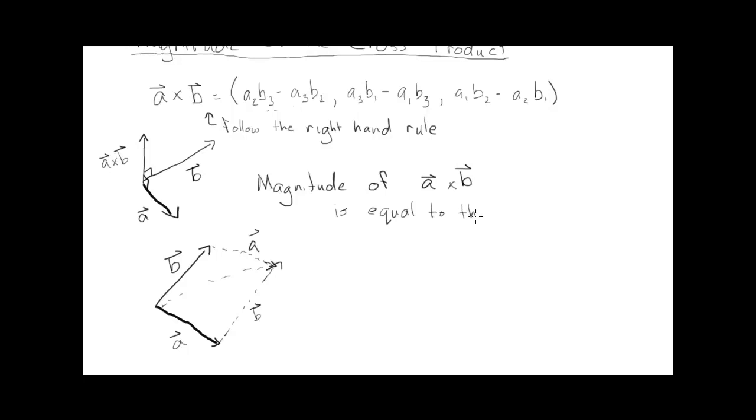The area of the parallelogram formed by A and B. And you know, that's totally not obvious, that this formula up here, the magnitude of this vector, is going to be equal to the area of this parallelogram, but it turns out it's true.